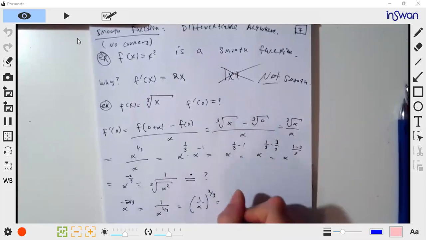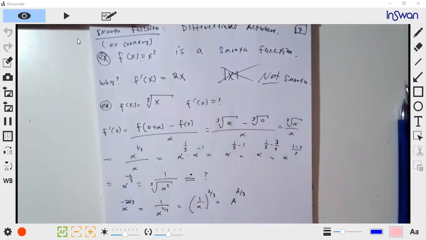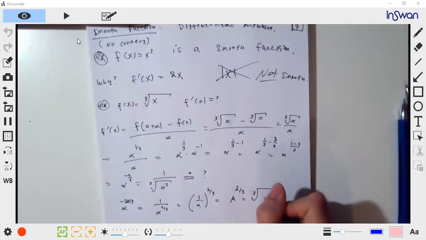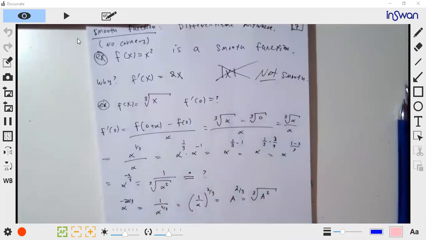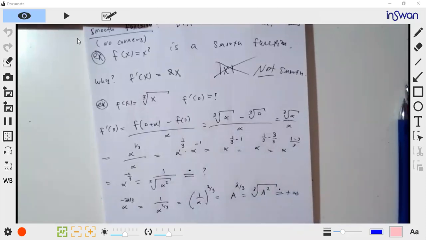So notice that's the same thing as 1 over capital A to the 2/3 power, which is the cube root of capital A squared. Now, capital A could be positive infinity or negative infinity, but when we square it, it always assumes a real positive value. So we know that this is going to actually render the real result positive infinity.